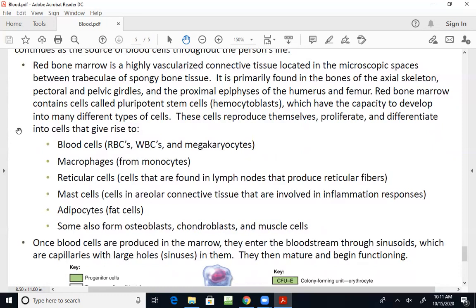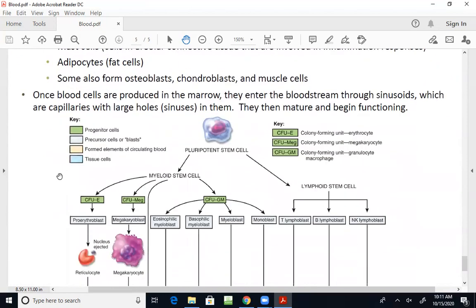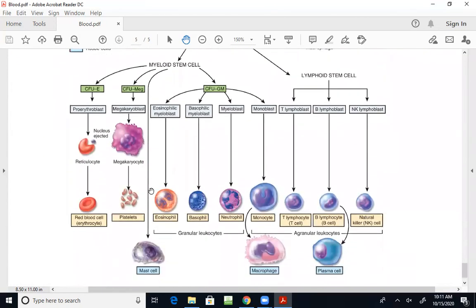Within our red bone marrow are pluripotent stem cells, known as hemocytoblasts, that have the capacity to develop into many different types of cells, which reproduce themselves, proliferate, and differentiate, as you can see, into a lot of different types of cells.